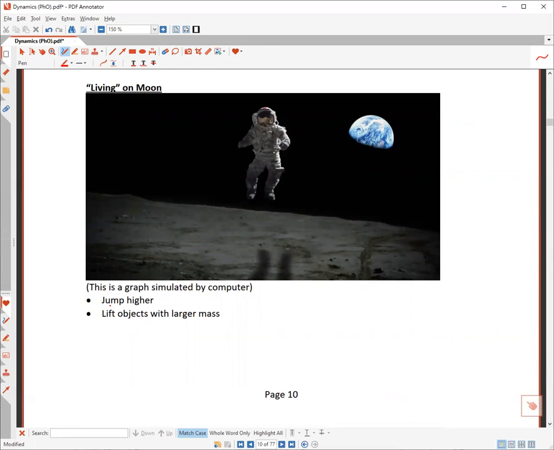You can lift objects with larger mass because g is smaller. By the formula W = mg, you can use the same amount of force because g is smaller, to lift up a large object with larger mass.